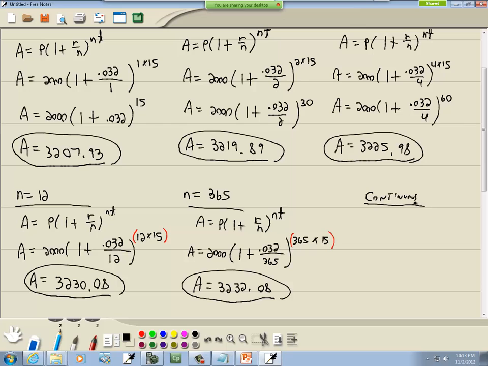So it's compounded continuously. Well, that means we use our PERT formula. So we switch over. Now P is 2,000, E to the R, which is 0.032, times T, which is 15. I'm going to put a little times here, and then 15. You have to be careful when you plug this one in your calculator.